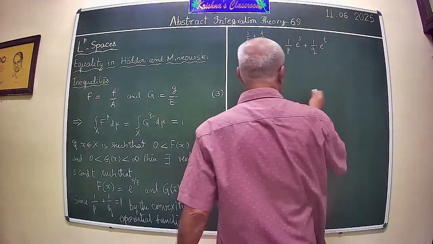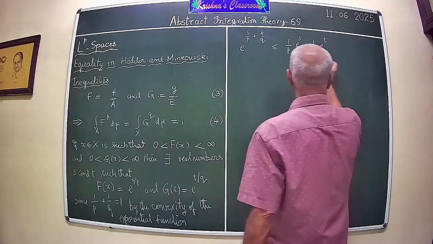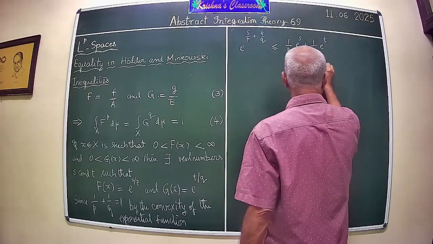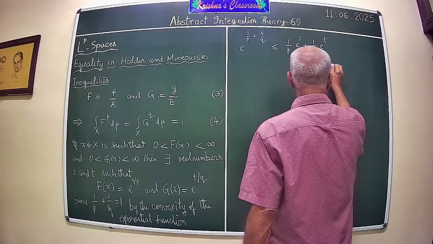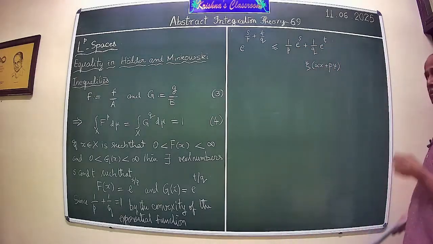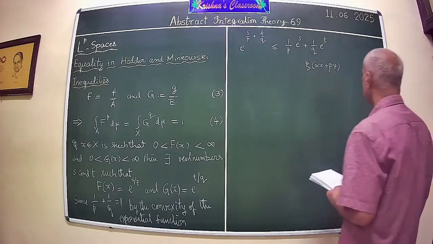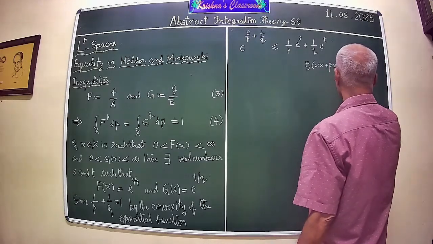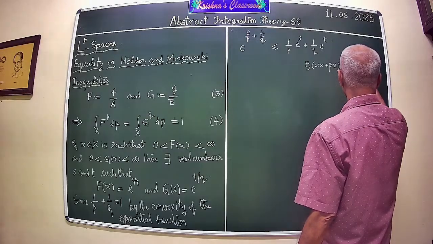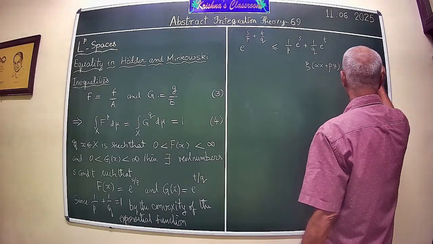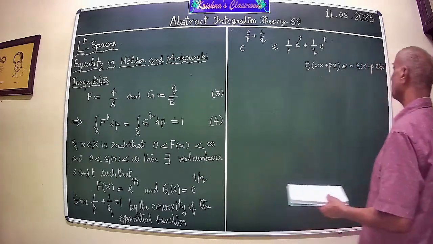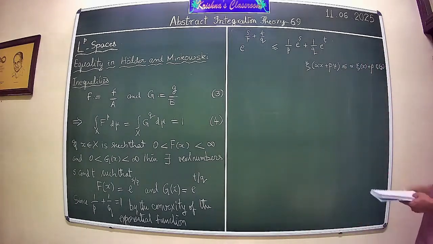See that if you have a function psi which is convex, then psi of alpha s plus beta t, where alpha and beta are taken to be 1 by p and 1 by q, is less than or equal to alpha psi of s plus beta psi of t. So we are just using that.